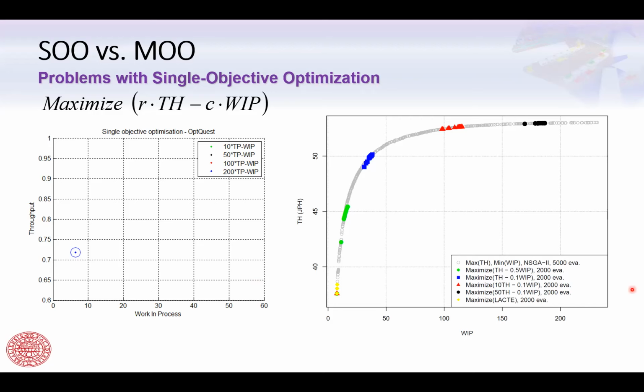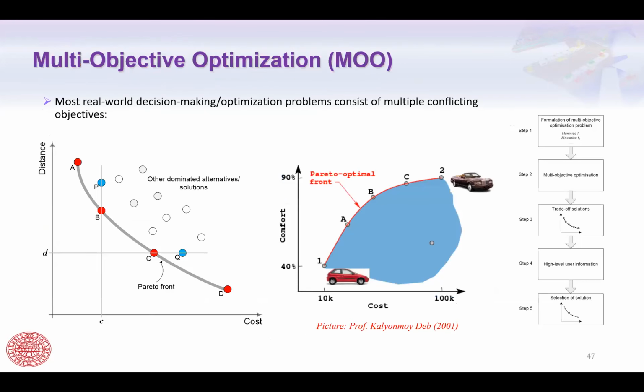Now, I want to answer one question. How would P be better than point B if it is minimization of distance? You can read this, but no, P is not better. B is better. You see, P is the solution that is dominated.